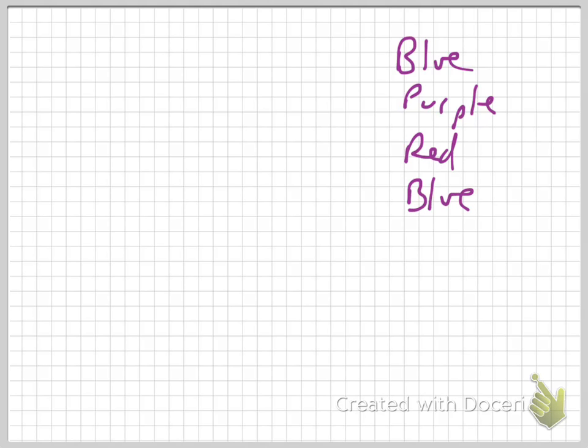If I had data that looked like this: blue, purple, red, blue. This might be if I was to go around the room and ask people their favorite color. Well, let's do it. Let's just go around the room and ask everybody their favorite color. You have to choose between blue, green, red, purple. Green. Purple.